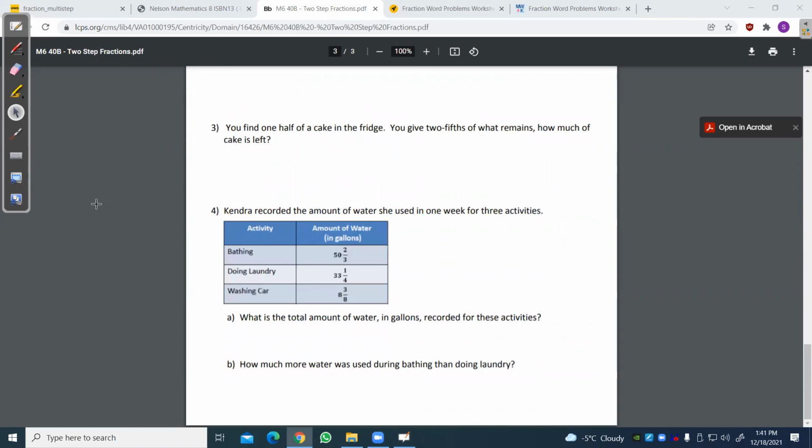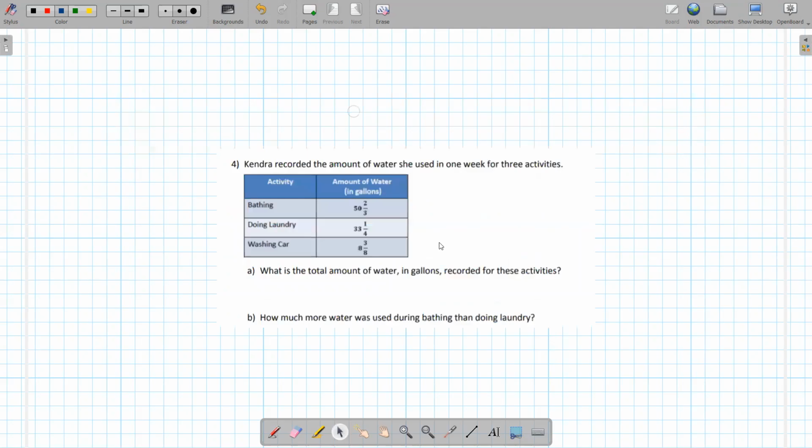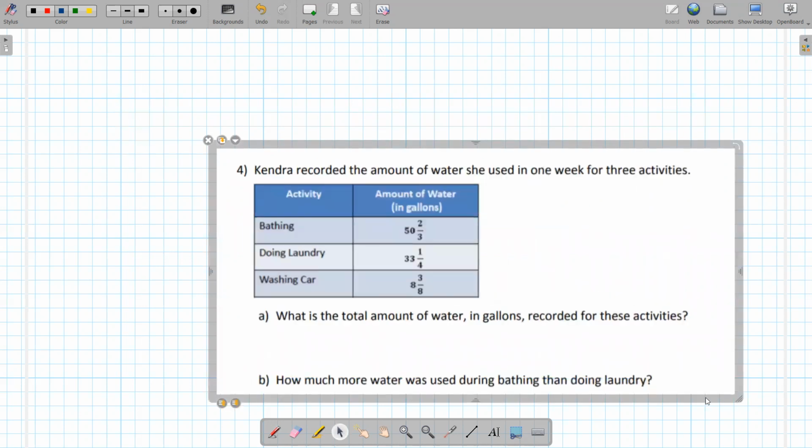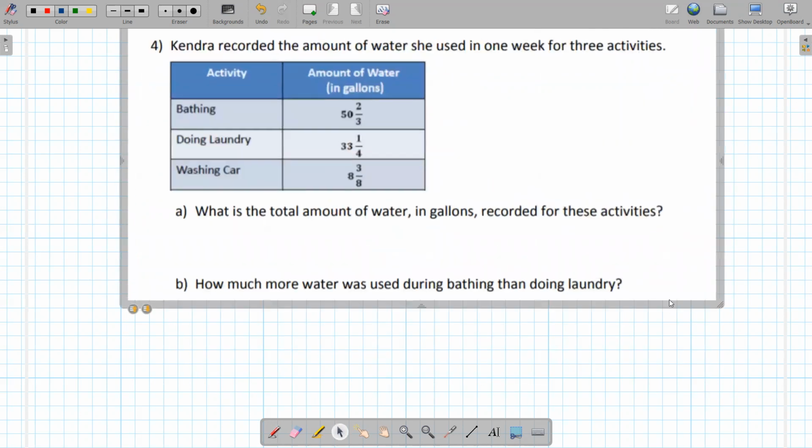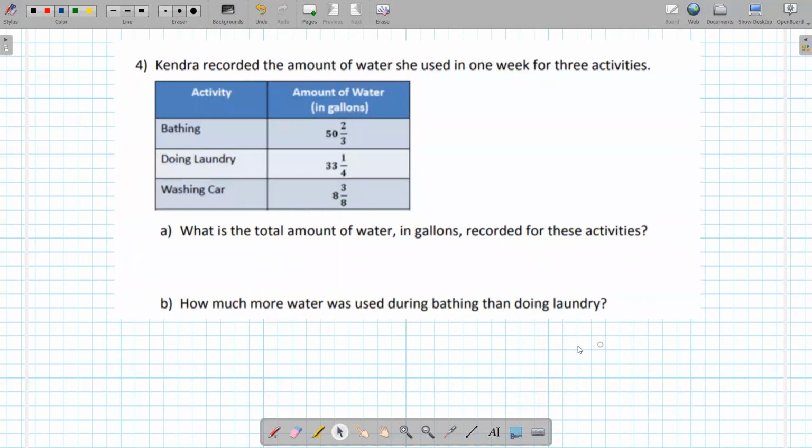This one looks difficult. Maybe we can do it the other way without turning it into improper fractions. We really don't want to convert this, because that's going to give us a very big number. You just add them up, but here's a different way of adding them without converting them into improper fractions.